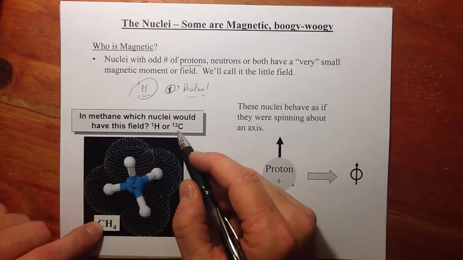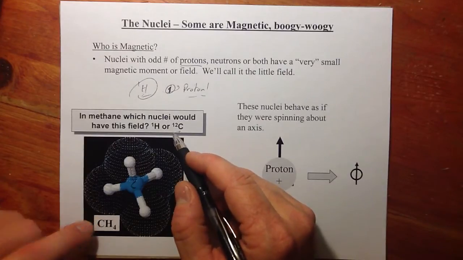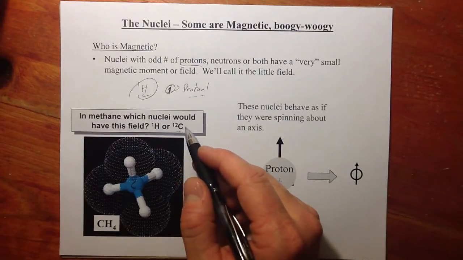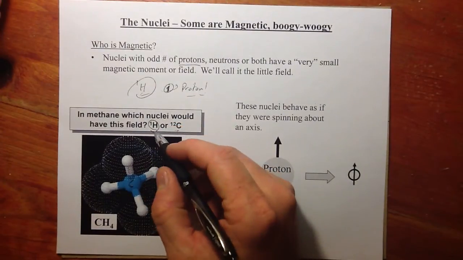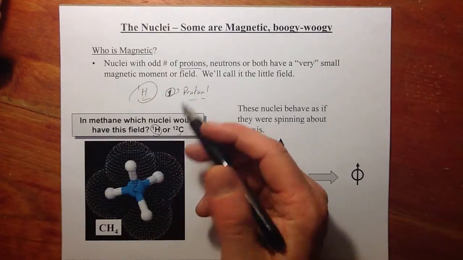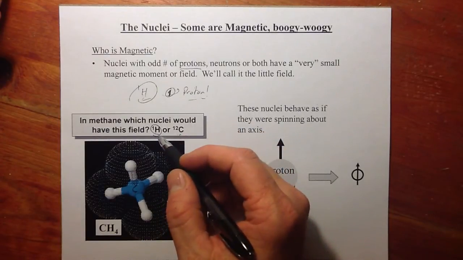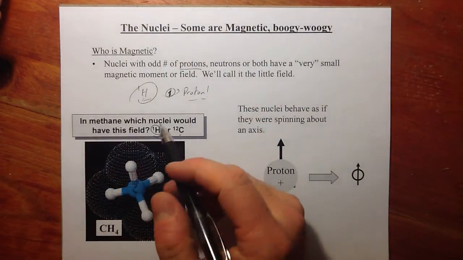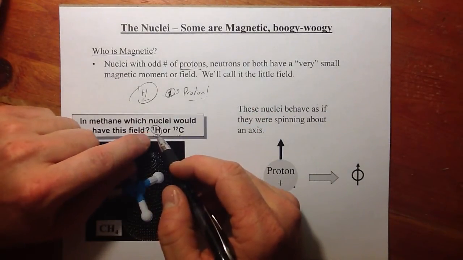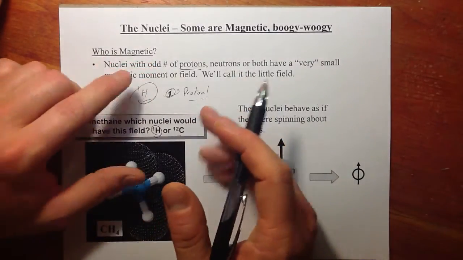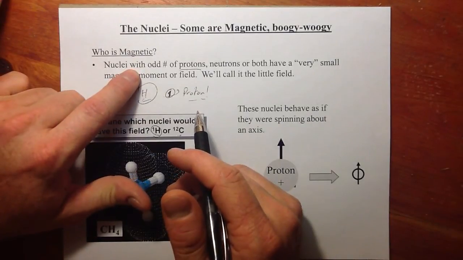It has a number of protons equal to 6, and the most common isotope has a number of neutrons also equal to 6, so an even number. But the most favored isotope for hydrogen is just a hydrogen with 1 proton as a nucleus, not deuterium, which has a proton and a neutron. So we can see a lot of these protons in NMR spectroscopy because we can influence their magnetic moment.